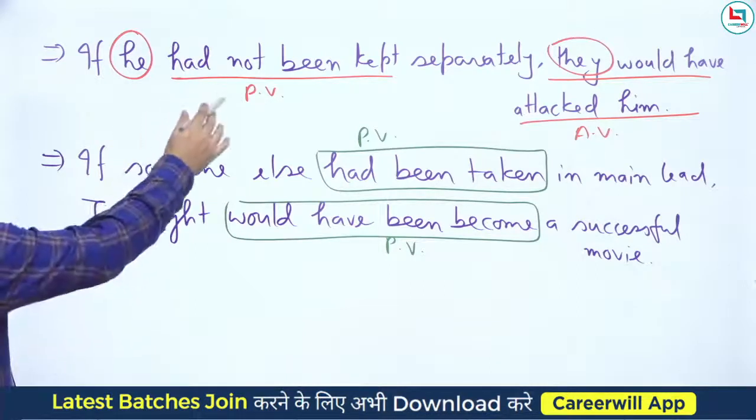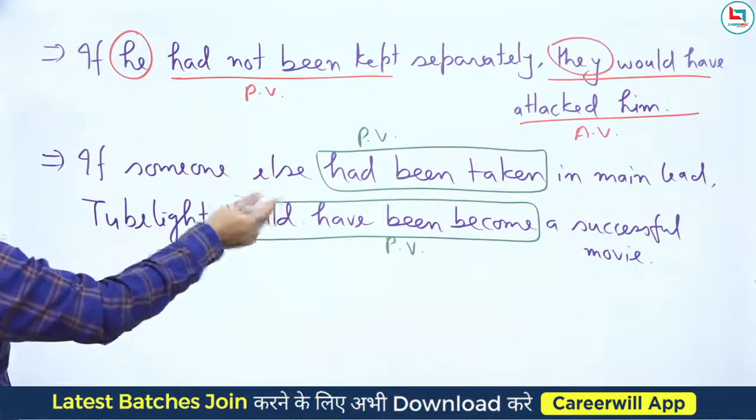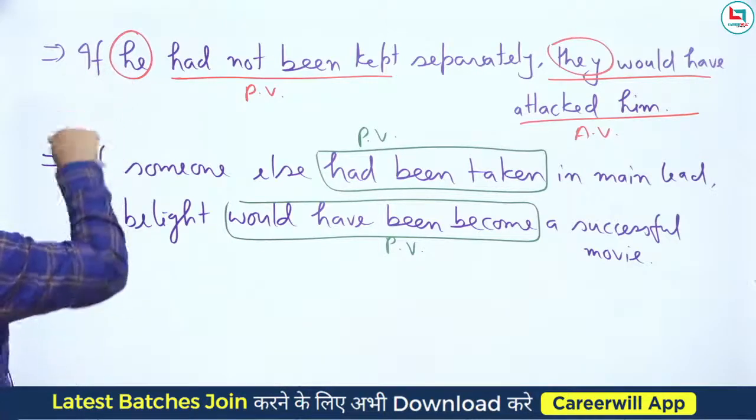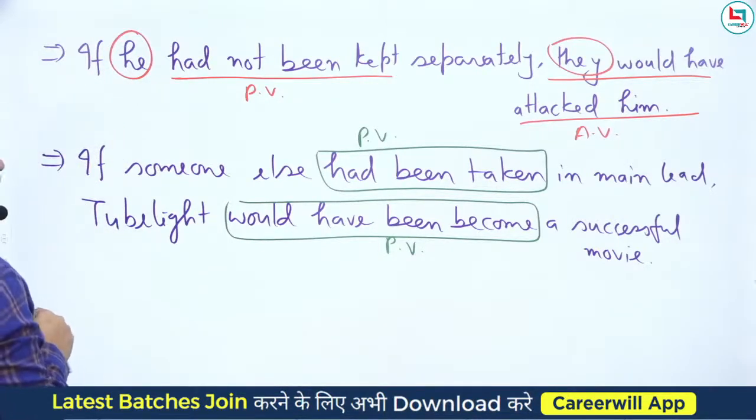So passive, active, both the active we have already done, and now the fourth one, which will be the reverse of the second sentence of type 3. So here the if clause should be written in active voice.